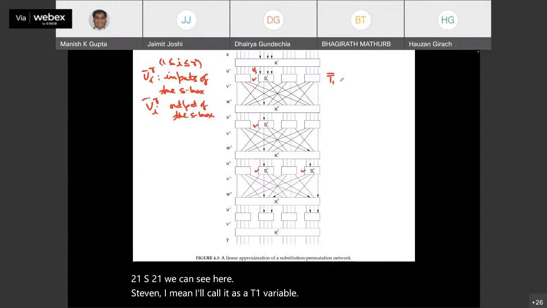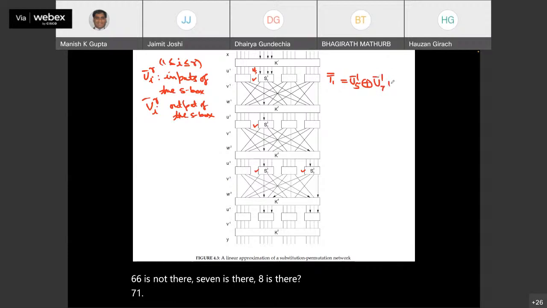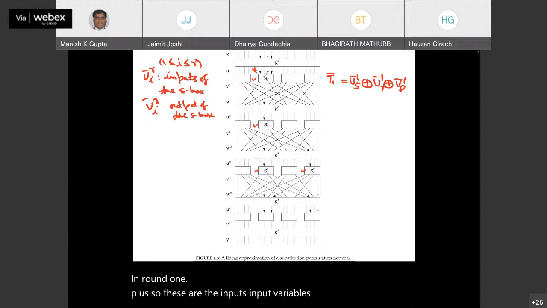T1 is equal to U51 plus... 6 is not there, 7 is there, 8 is there, so U71 plus U81 in round 1. So these are the input variables to this S21 box.